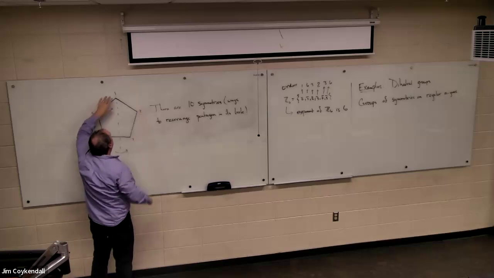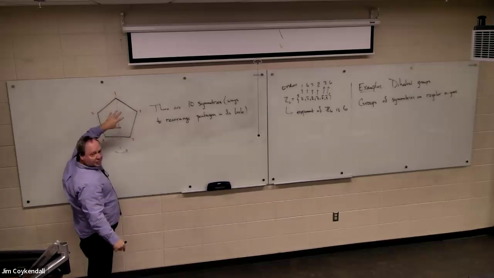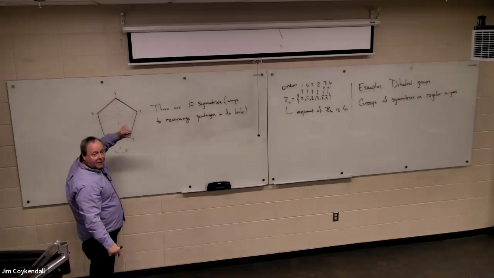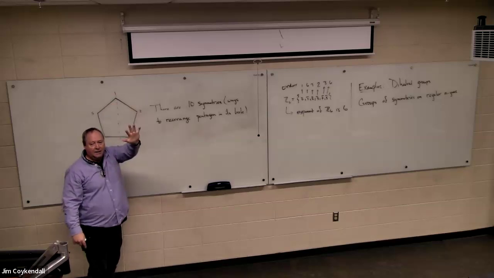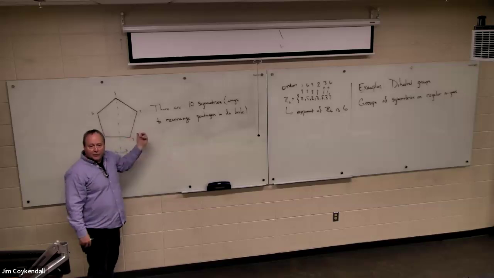Everybody agree with that? So if I pick this pentagon out, I've got 5 vertices that I could put there. 5 choices for that. And then I choose whether to flip it or not. So multiply that by 2. So there's 10 ways to rearrange that. Everybody agree with that?